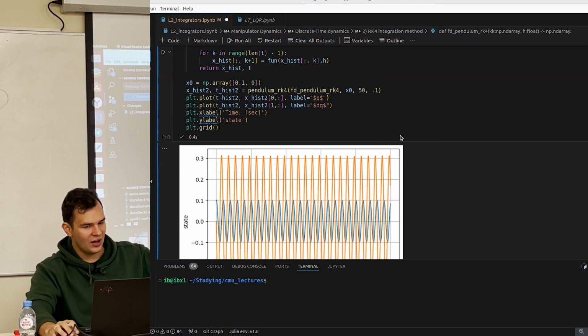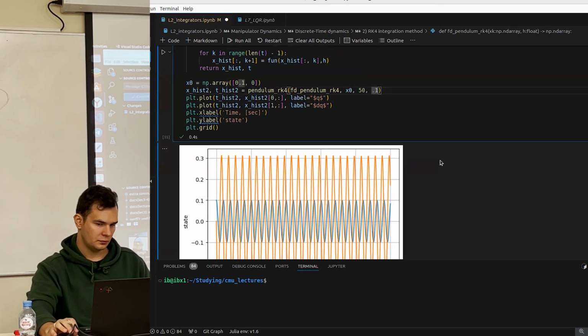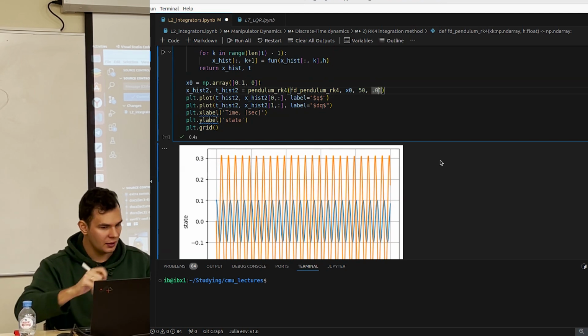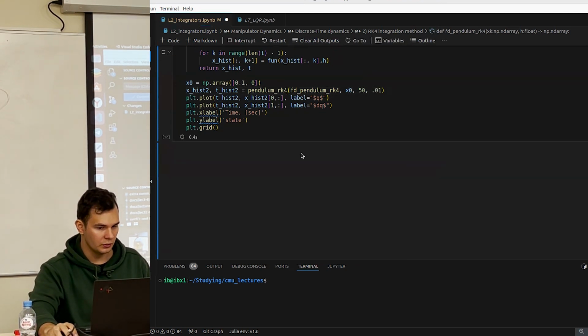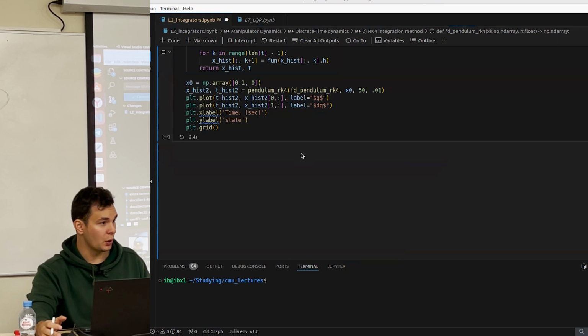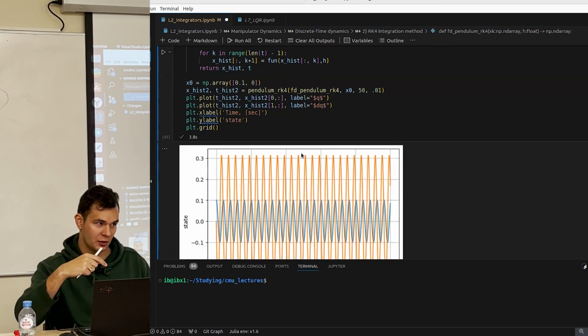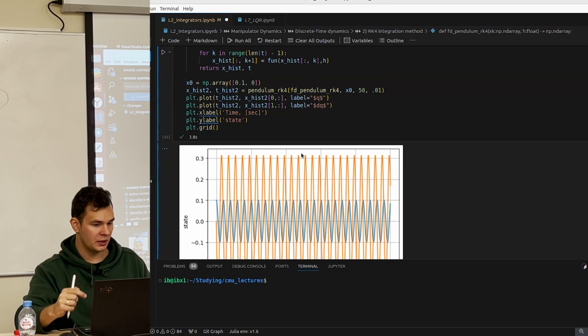And here it's faster because we have a big time step. If you shrink it, it's going to be slower. Much slower, because it makes 4 calculations instead of 1, because of the cubic polynomial.